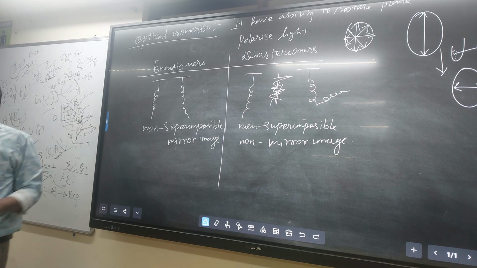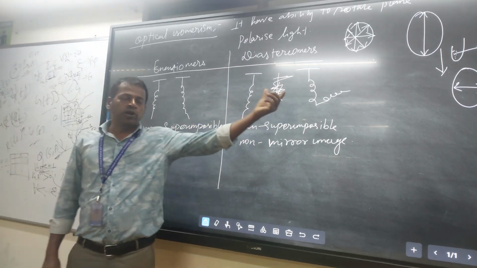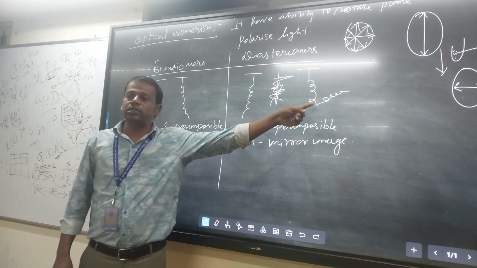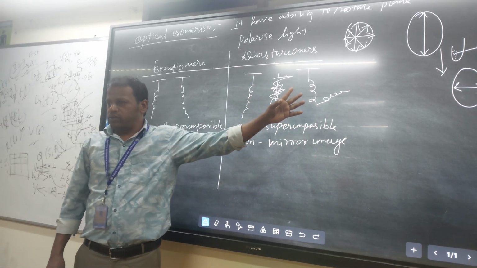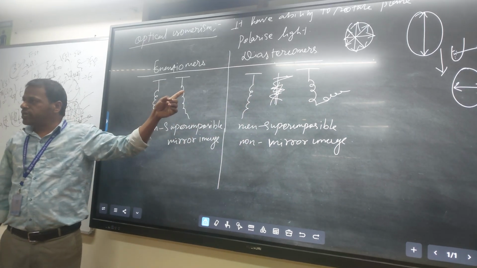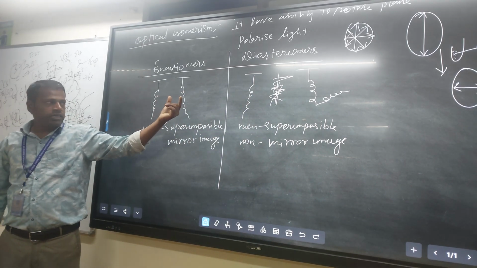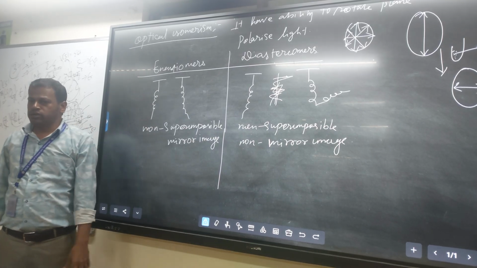Similarly, both are springs, but the second spring is not a mirror image of the first spring. That is a diastereomer. Where both are springs and the second is the mirror image of the first one, that is an enantiomer.